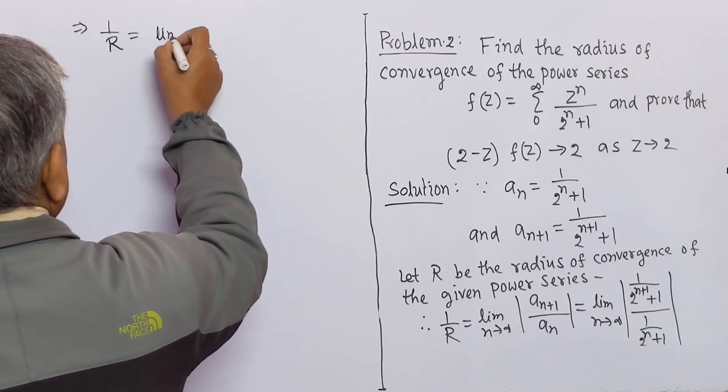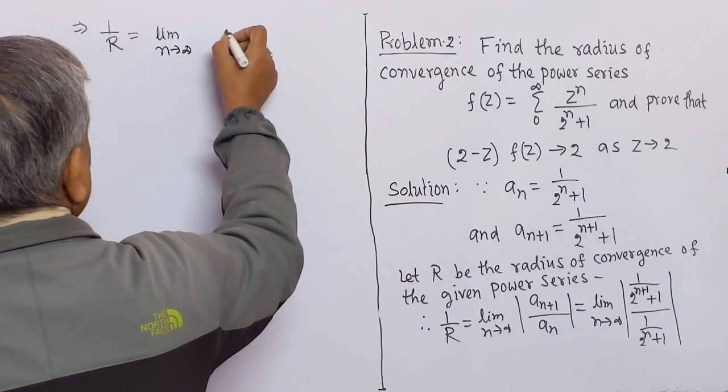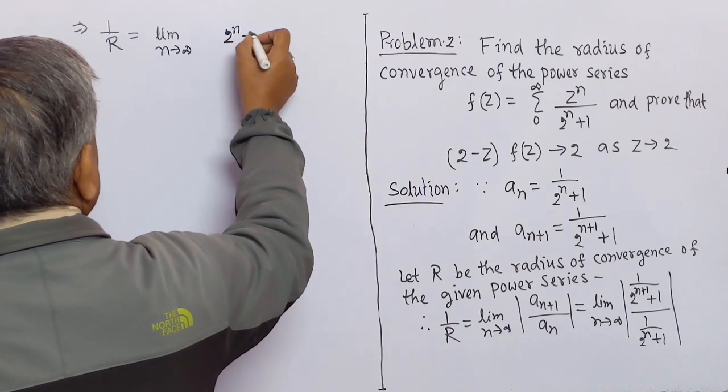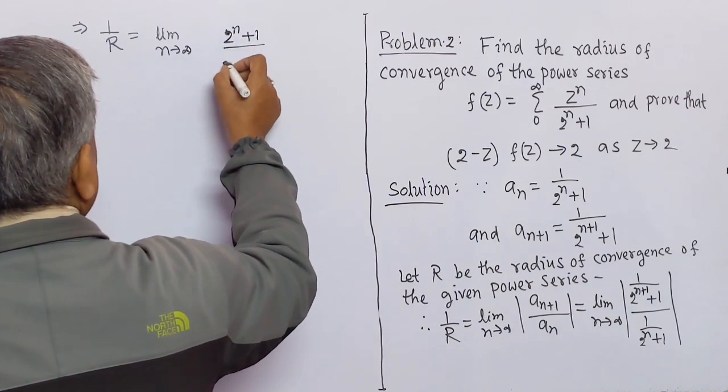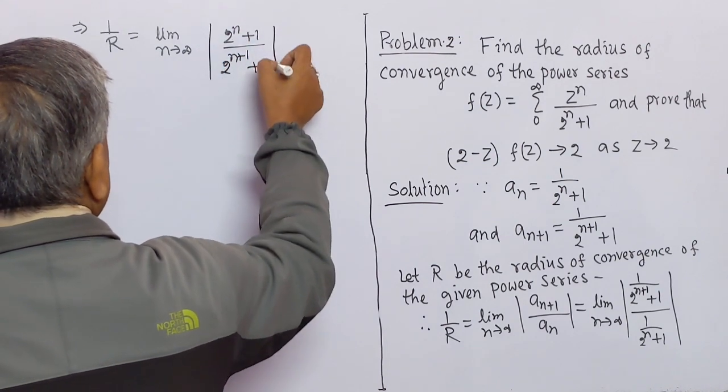limit n tends to infinity 2 to the power n plus 1 by 2 to the power n plus 1 plus 1, modulus.